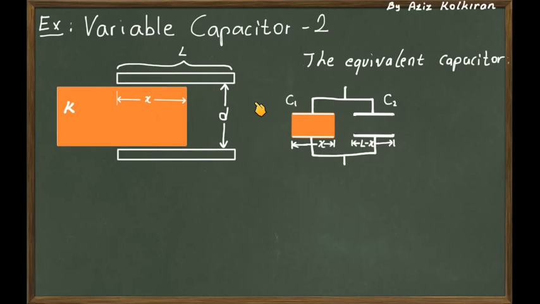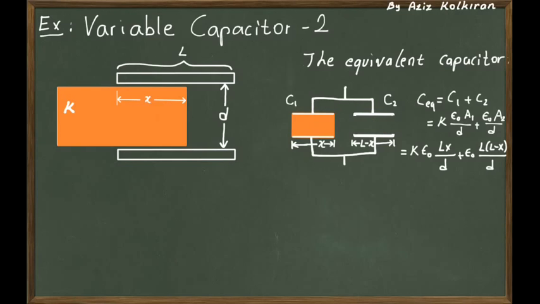So that's why this configuration is equivalent to two parallel connected capacitors. And the second capacitor will have one side L minus x and the other side L, so the surface area is L times (L minus x). But this capacitor has no dielectric between the plates.